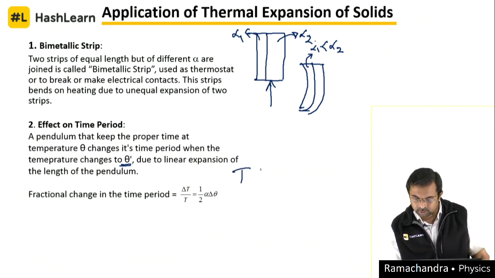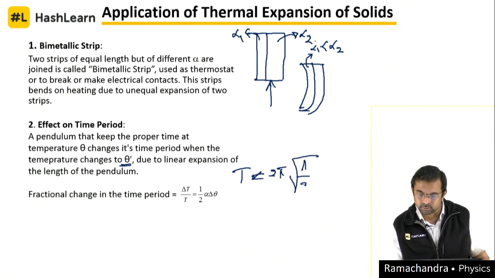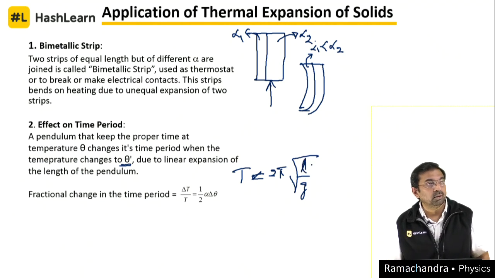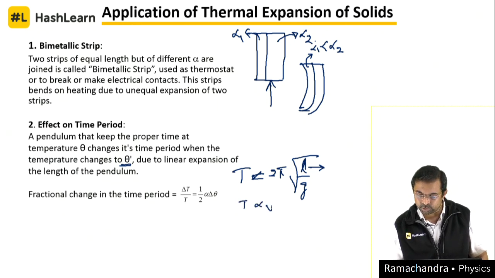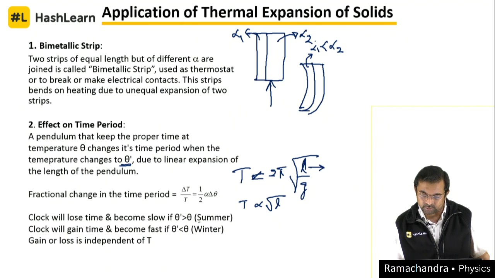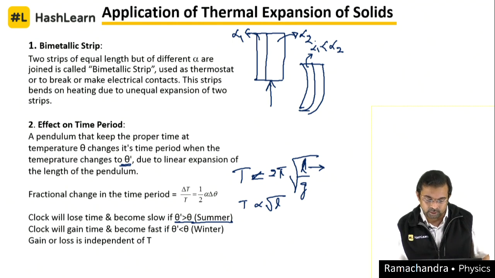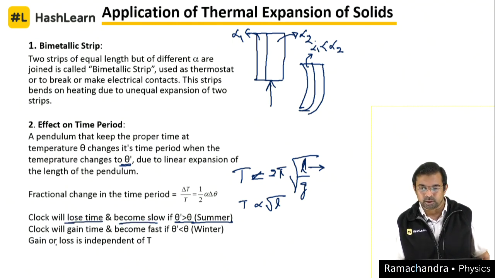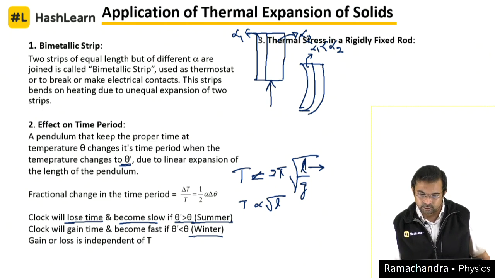You can derive this one, t is equal to 2 pi root of L by g. Since L is a linear dimension, t will be directly proportional to root L. So if the length changes, automatically the time period is going to change. So in the case of summer time, if theta is greater, the clock will lose time and become slow, and it gains generally in the winter time.